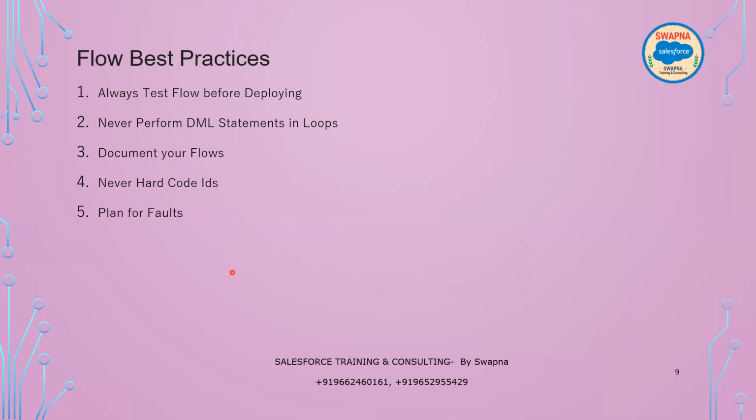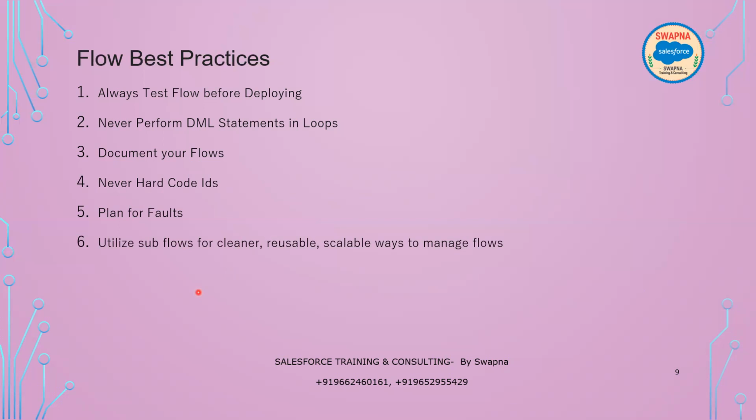And whenever you are creating a flow, always plan your fault. Like if you know the scenario, what is going to happen, you know that there is a possibility that it might fail the flow. In that case, add a fault path and just show the screen message. And always utilize the subflow. Subflow is where you are creating smaller flows, which is just one screen, or you have very small screens available.